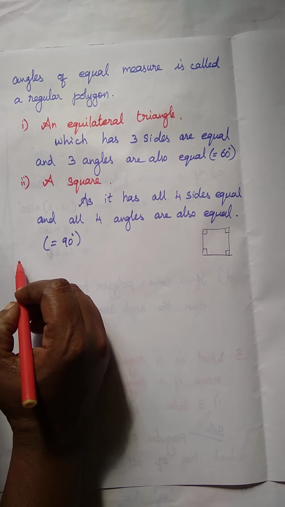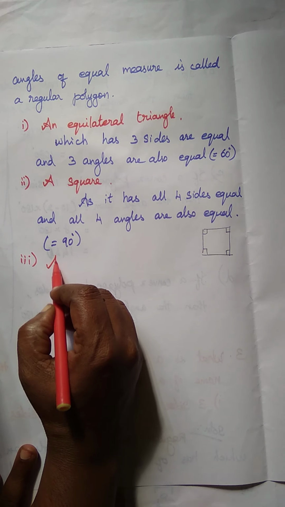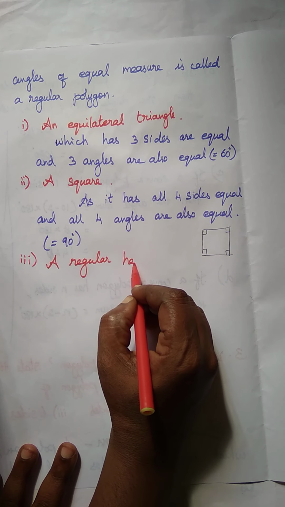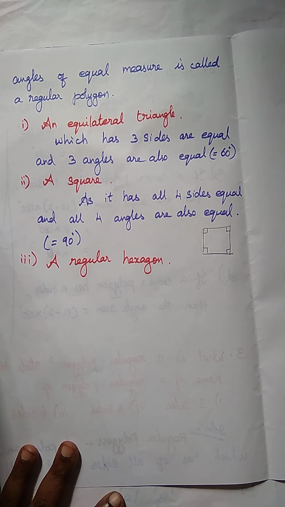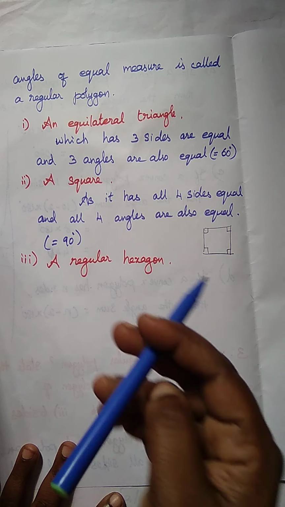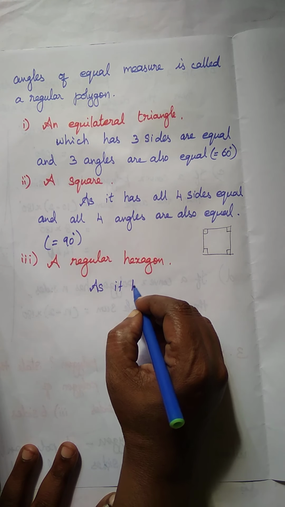Now the third one, a regular hexagon. So in a regular hexagon, as it has how many sides? 6 sides. A hexagon has 6 sides.